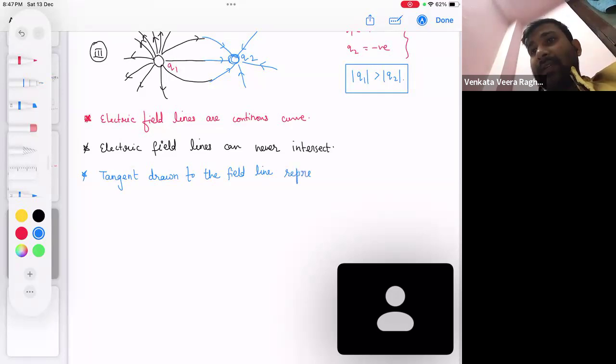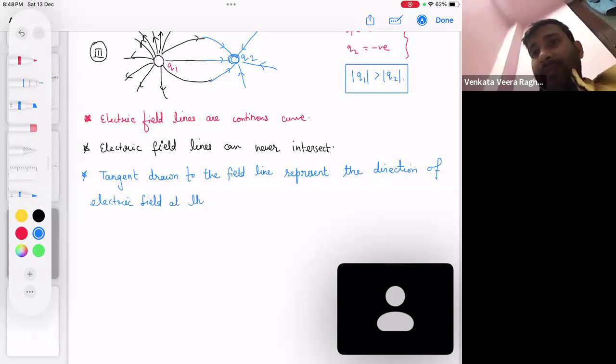Tangent drawn to the field line represents the direction of electric field at that point. Okay, direction of what? Electric field at that point. Direction of electric field at that point.